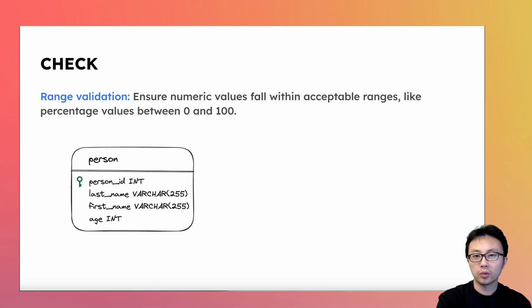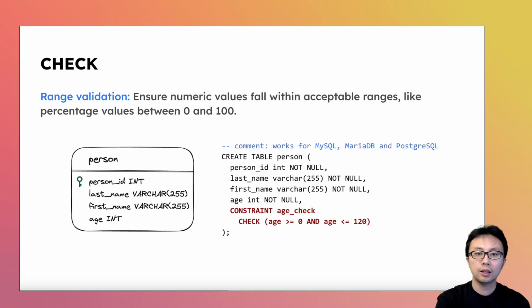Remember the person table and age column that we visited a few slides ago. The requirement analysis of the database may not contain anything about valid data range of age, but it's not hard to deduce a valid range for human age and translate it to a check constraint, like this.